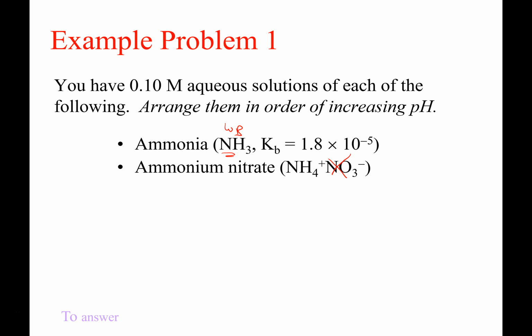Granted, if it accepts a proton, it's going to make the solution basic. But I'm here to tell you that won't happen. The reason that won't happen is I'm going to put an SA over HNO3. What does SA stand for? Strong acid. It's not happening. It's like going up a hill without any juice.